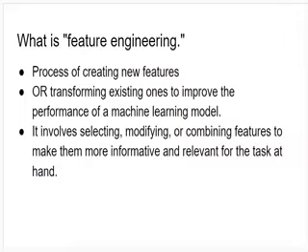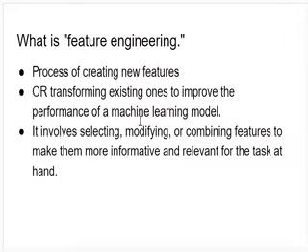The interviewer can ask you what exactly the feature engineering stage is. Feature engineering, as we have discussed before, is the process of creating new features and transforming the existing ones to improve the performance of the machine learning model. Maybe there are some improvement areas in our data set that can help.